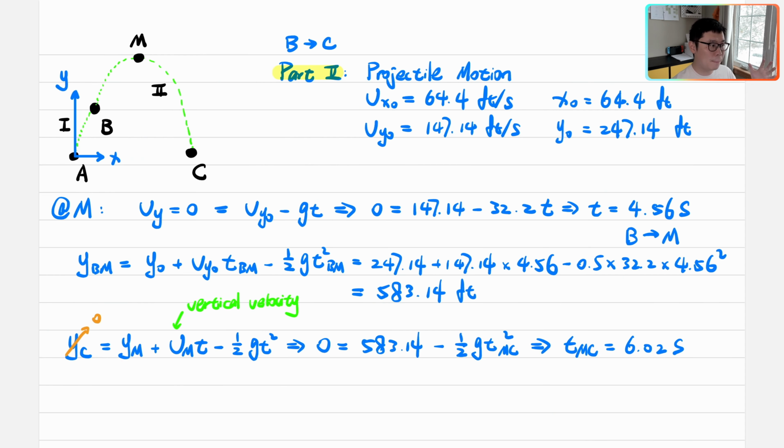So finally, you'll combine everything here. The x displacement from B to C is your Vx naught t. Since we start from part B, is there any change to our horizontal velocity?